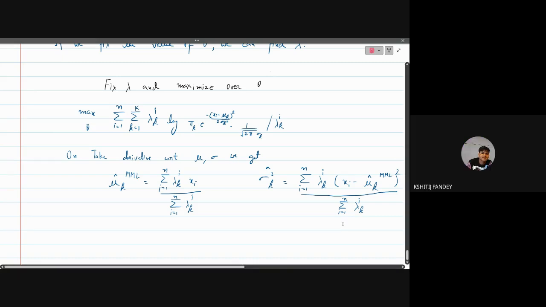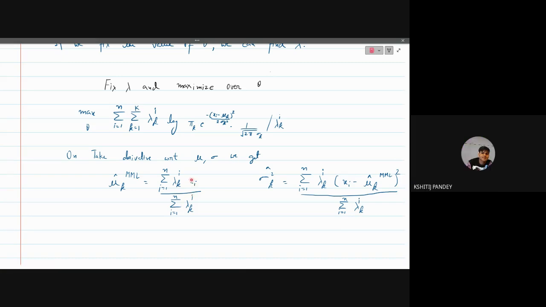You can look at this as a kind of weighted mean. This is the weight: you have a weight corresponding to each point belonging to that mixture, then you have the weighted sum, then you divide by the sum of weights.